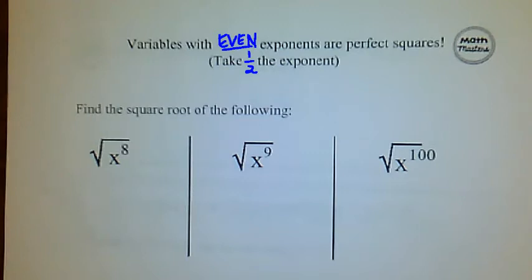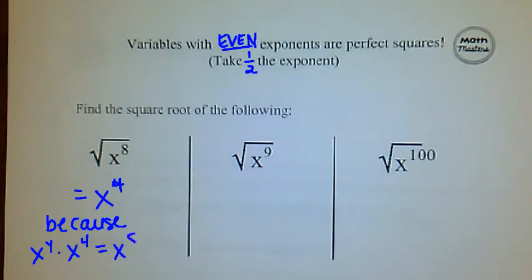So for the square root of x to the 8th, this would be x to the 4th, and that is because x to the 4th times x to the 4th equals x to the 8th. For this one, x to the 9th is not a perfect square because the exponent is odd.